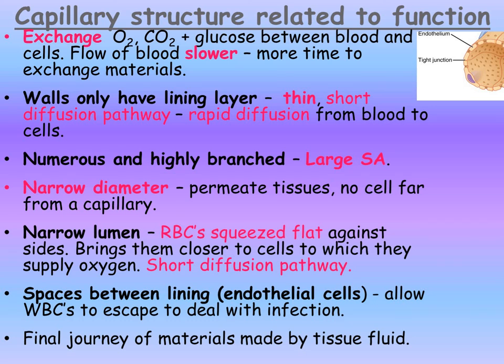So the white blood cells will escape from the blood into the tissue to deal with any infection. And then the final journey of the material is made by tissue fluid. And that is the end of the structure and function of blood vessels.